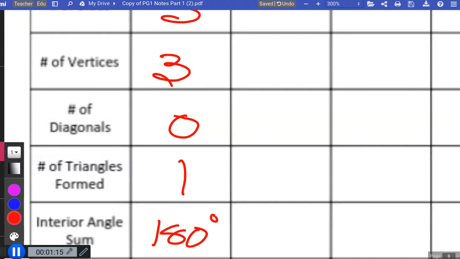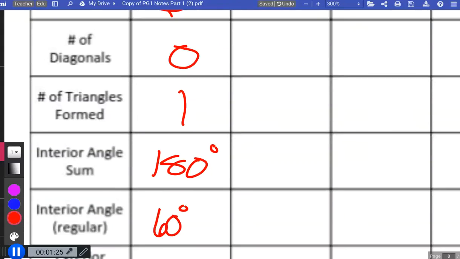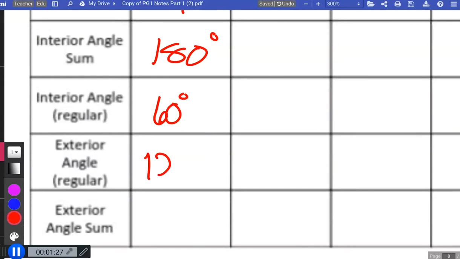Now the exterior angle: if each of these angles is 60 degrees, then the exterior angle is its supplement, because it makes a straight line, so it's 120 degrees. And then the exterior angle sum, well, there's 3 of those, so the exterior angle sum is 360 degrees.